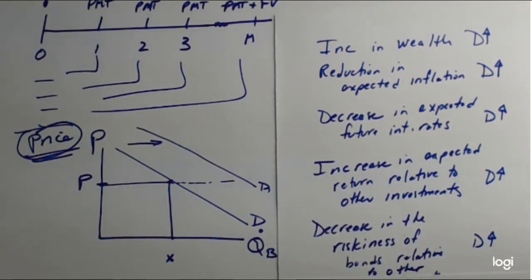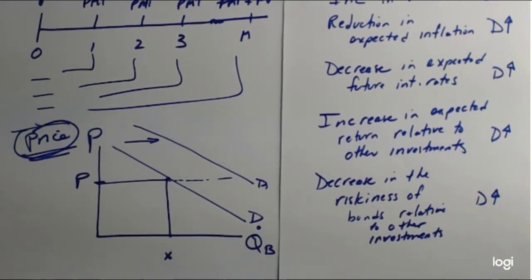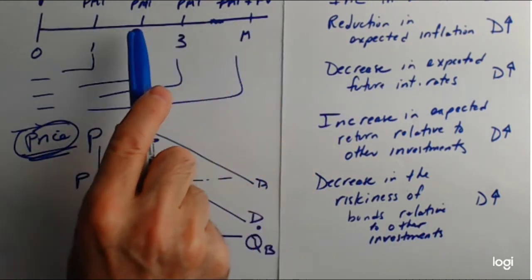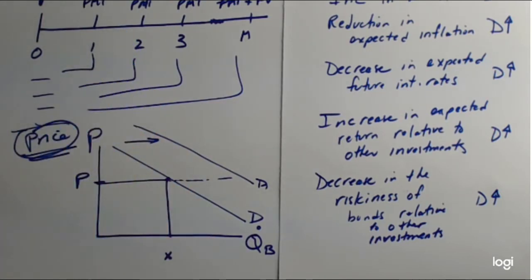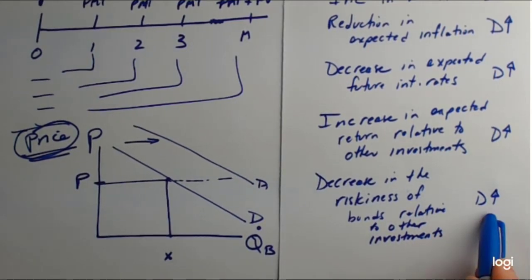The next one here is if there's a decrease in the riskiness of bonds relative to other investments. Let me move this up here. So if the riskiness in a bond drops off, it's more attractive because everything else is staying constant with that bond, but its riskiness drops. That means that bond is more attractive relative to other investments, and demand is going to go up.